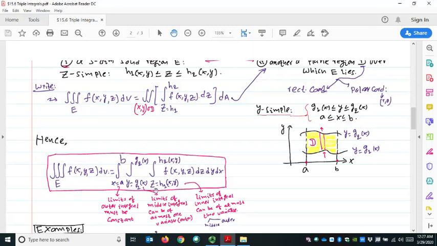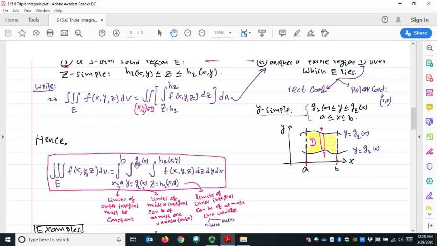Then my inner integral is with respect to z, or the z integral, whose bounds are the two surfaces, top surface h2(x,y) and bottom surface h1(x,y), where the limits of this z integral depend on the middle and outer variables x and y.